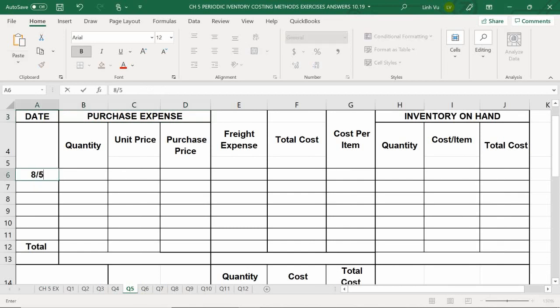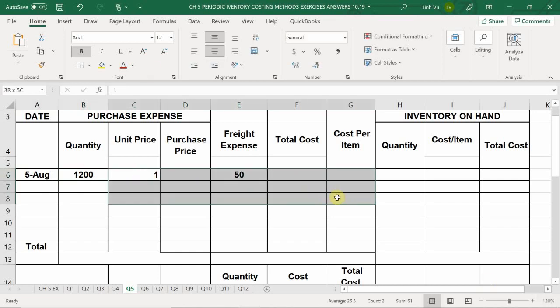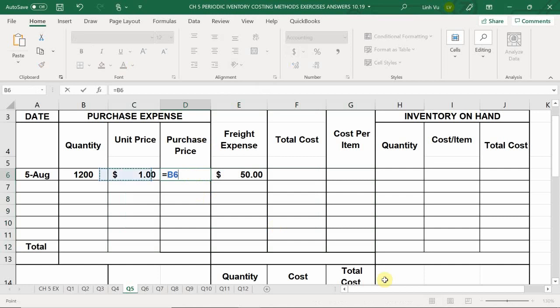August 5th, 1,200 units at $1 each with a freight of $50. What's my purchase price here?